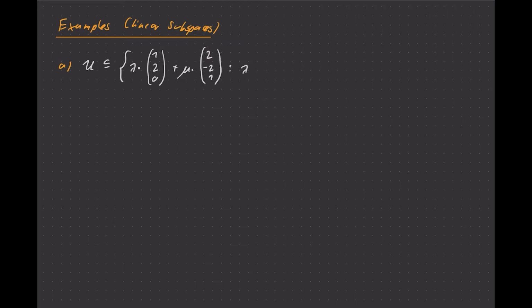Those lambda and mu are scalar factors in the real numbers. That whole set U is contained in R3, and I claim that U is a linear subspace of R3.